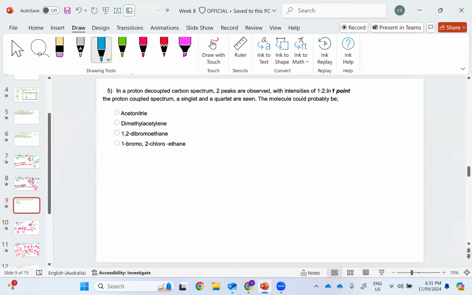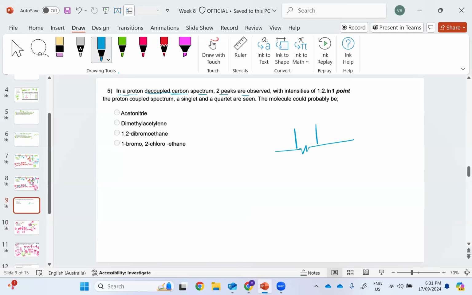Here, one question is mentioned. In the question itself it is given that in the proton decoupled carbon spectrum, two peaks are observed. So 1 and 2 peaks are observed, and we don't know where they are observed, right?